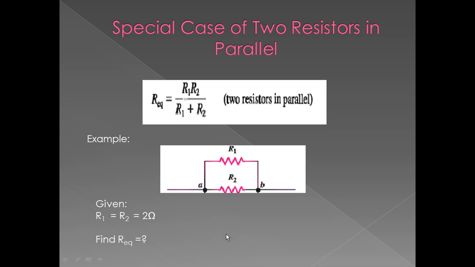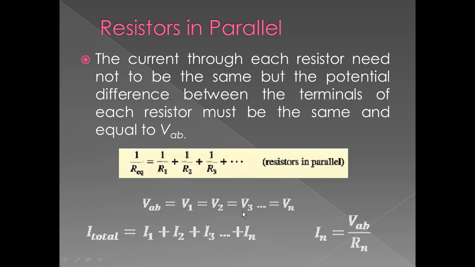And if we have, for example, another resistor R sub 3 connected also in parallel, whatever value V sub AB is, it is the same value for V sub 3, the voltage across R sub 3. Okay, so going back, we notice here that for resistors in parallel, the voltage V sub AB is the same as V sub 1, is the same as V sub 2, equal to V sub 3, and so on, equal to the voltage for any number of resistors for as long as they are connected in parallel.